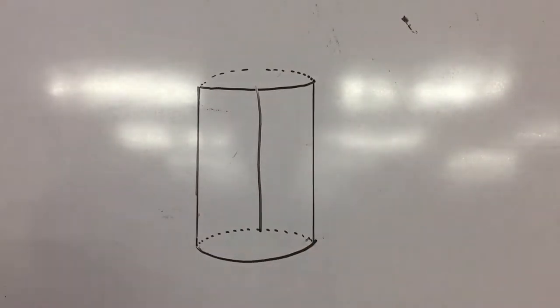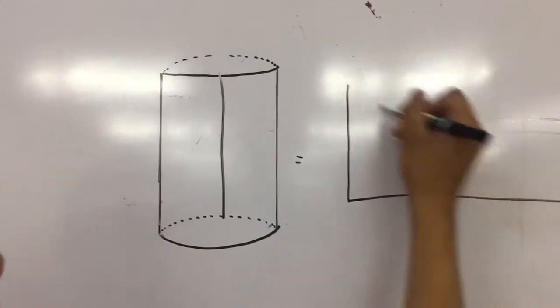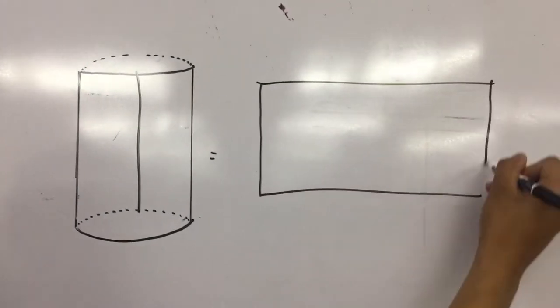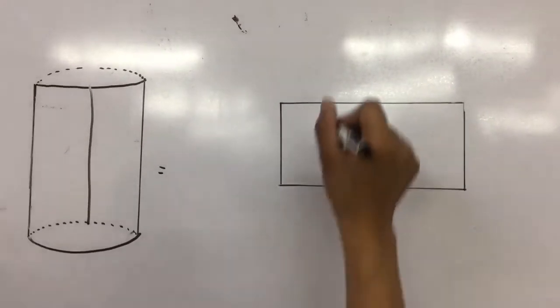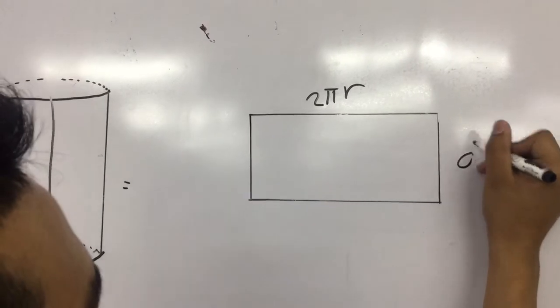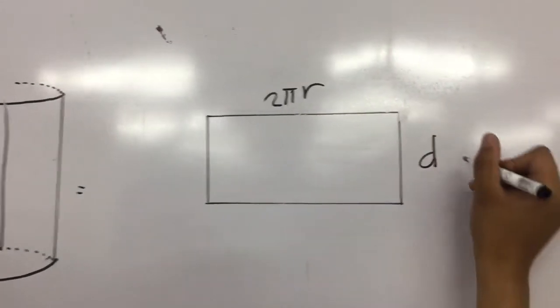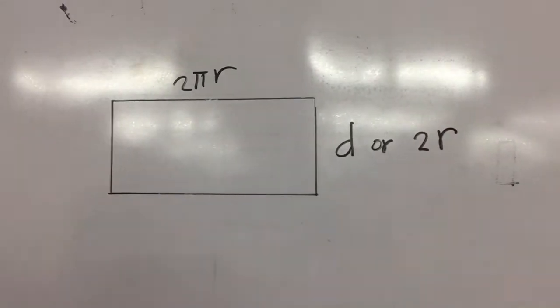When you cut the cylinder, you can create a rectangle with a length equal to the circumference of the cylinder. Then the width is equal to the height of the cylinder. Therefore, the surface area of a cylinder with radius r is equal to the surface area of a sphere with radius r.